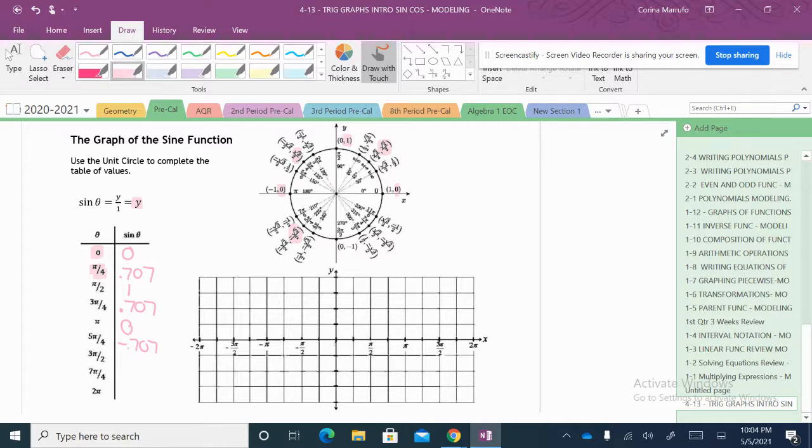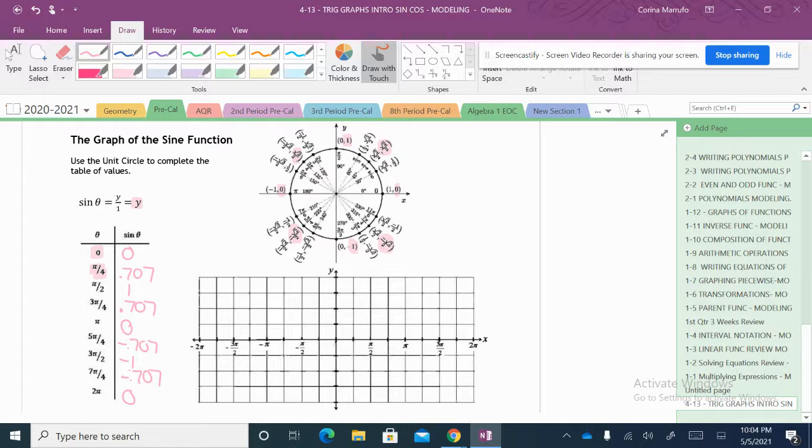At 3 pi over 2, my y value is negative 1. At 7 pi over 4, my y value is the negative square root of 2 over 2, so it's going to be negative 0.707. And then at 2 pi, my y value is back at 0.